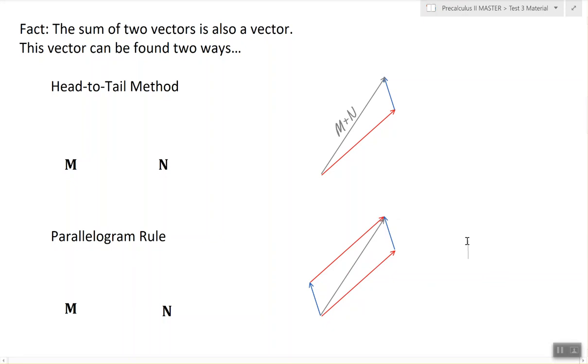This also shows that it doesn't matter what order you add those vectors, you'll have the same resultant vector. So vector addition is commutative.